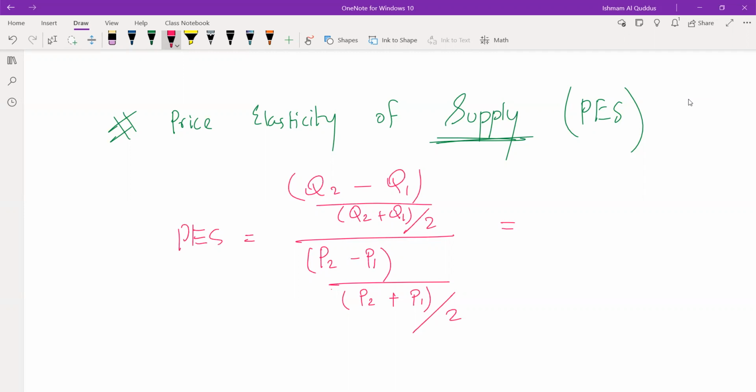So remember the PES value belongs to 0 to 1. So any number including 0 and 1 and any number between 0 and 1. So remember that when we talked about PED, if you take the absolute values, you also get the values in the range from 0 to 1.